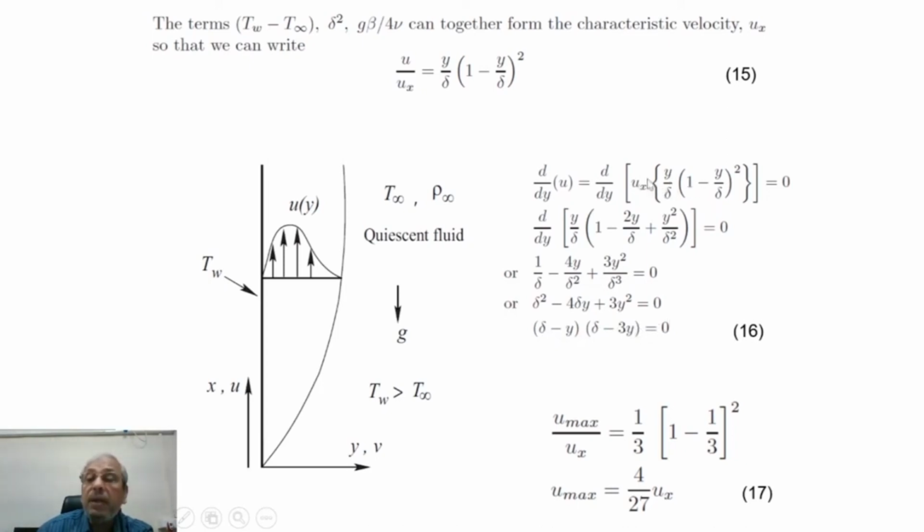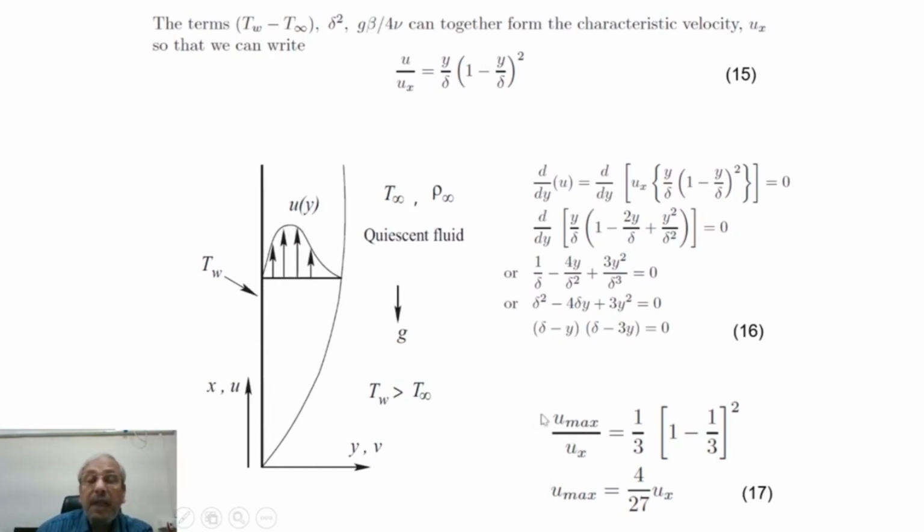This is very simple. We substitute the profile and perform the differentiation, and here y equal to delta is a trivial solution. So basically at y equal to delta by 3, we get the maximum velocity. So if this is delta, then at 1/3 delta we get the maximum velocity.